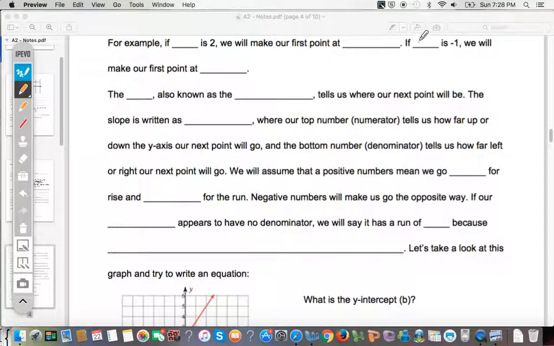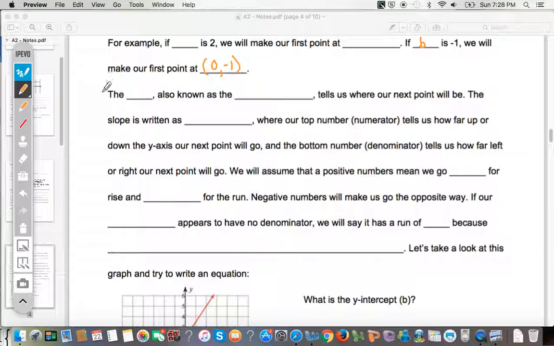If b is -1, we will make our first point at (0, -1), so staying put on the x-axis and going down 1 on the y-axis.